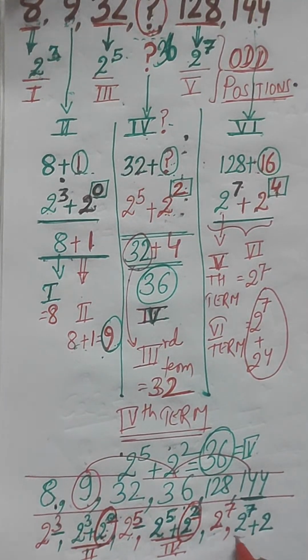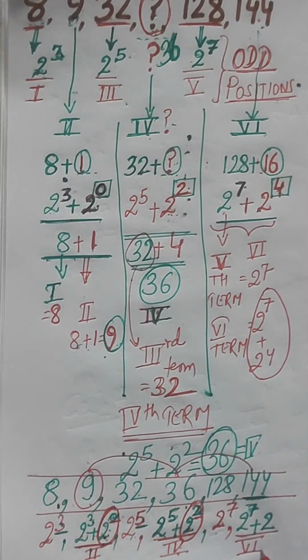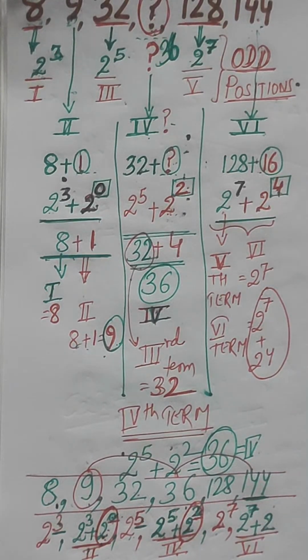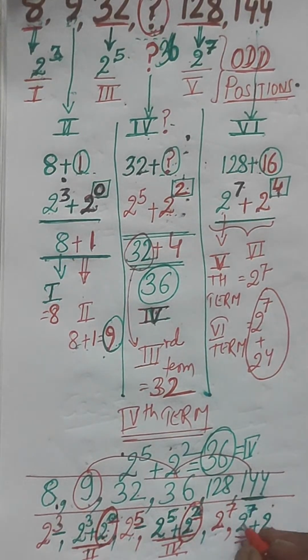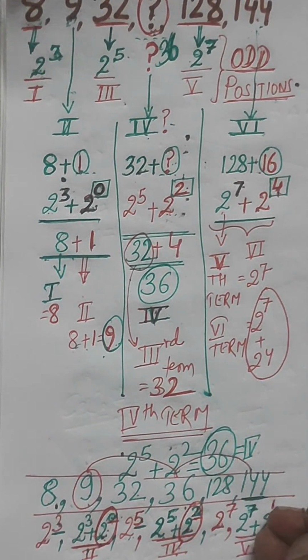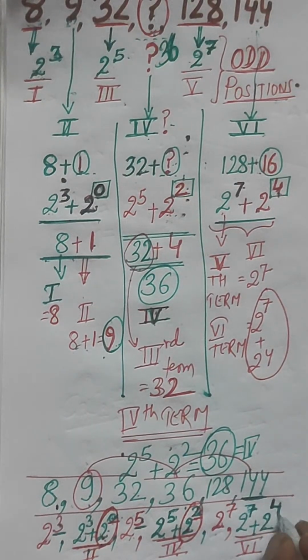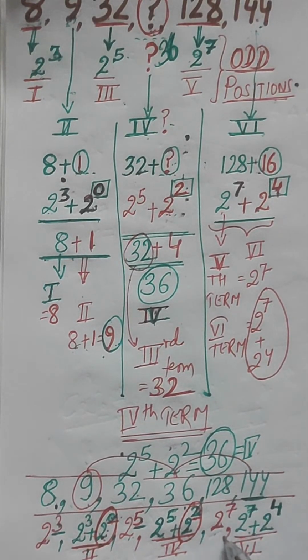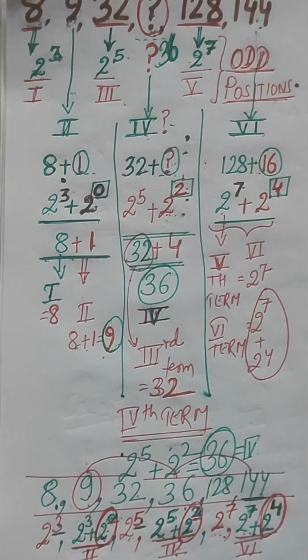Similarly, for the sixth term, 2 power 4 is added to get 144. That means the sixth term is its predecessor, the fifth term, 2 to the power 7, plus this sequence 2 power 0, 2 square, and this 2 power 4, right?